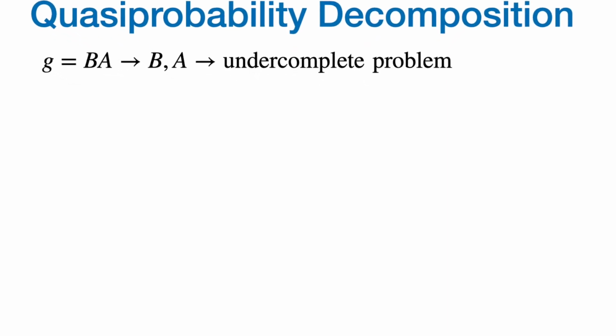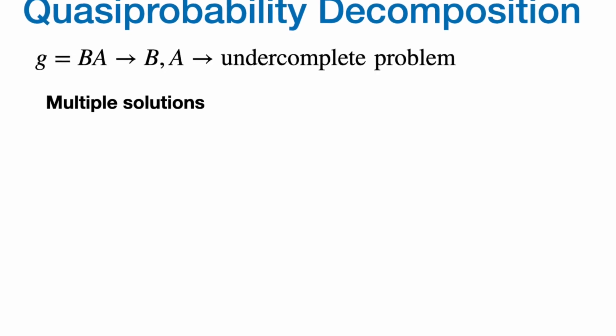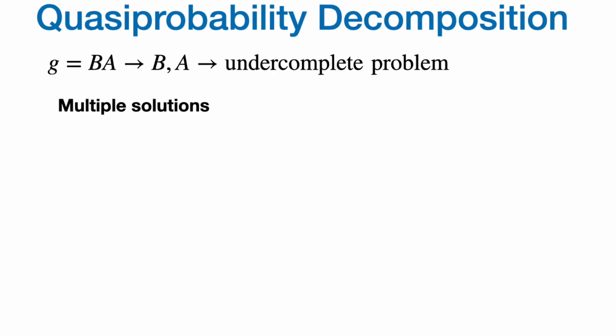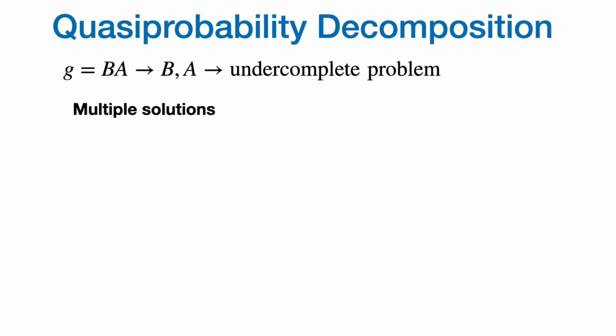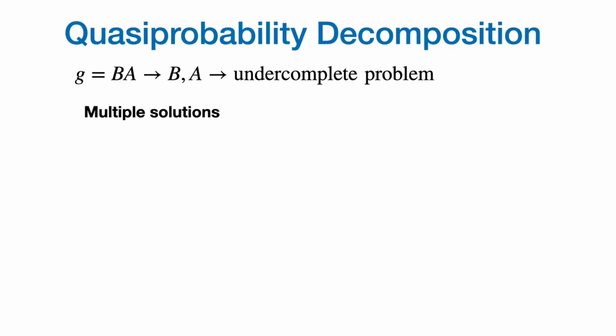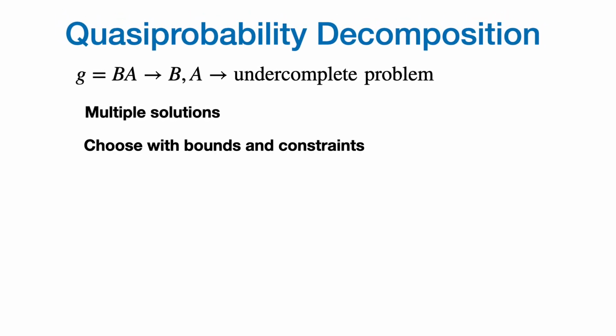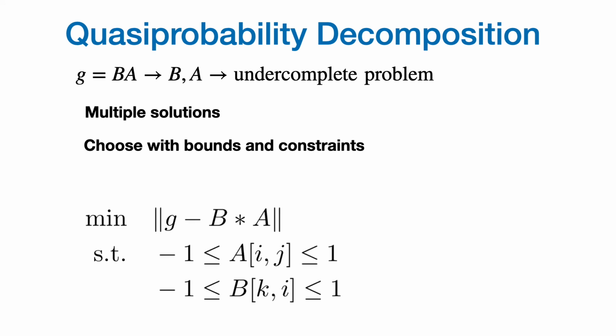For an undercompleted problem, we could have multiple solutions, and we don't know which one is closer to the true physical case. So we could choose bounds and constraints based on the knowledge we know. For example, both A and B are Pauli transform matrices, so the elements should be between -1 and 1.